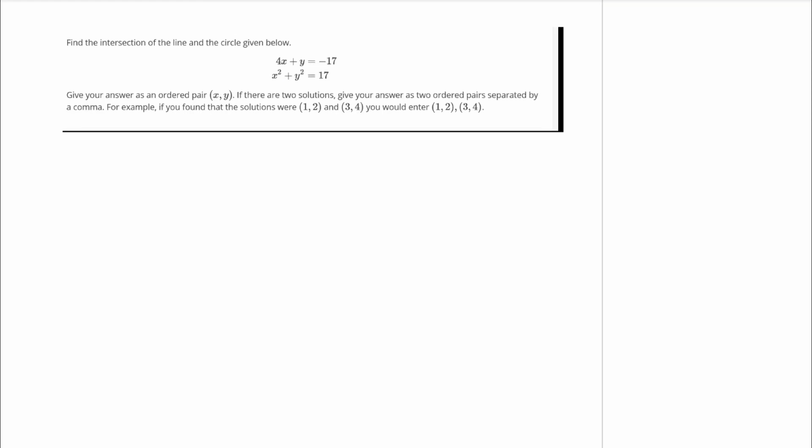So for the next problem, it's specifically asking us to find the intersection between a line and a circle. There can be three different scenarios that happen.